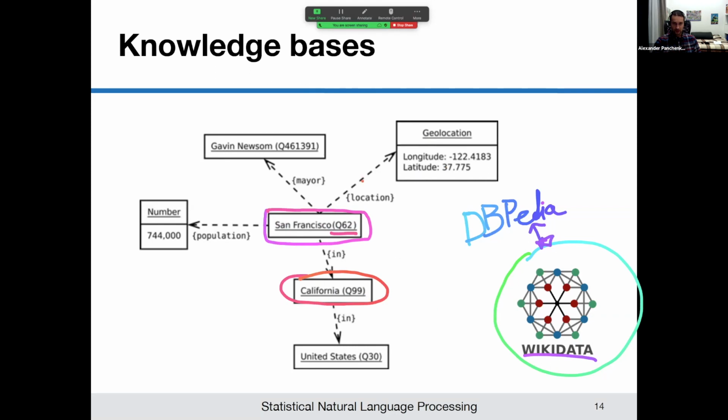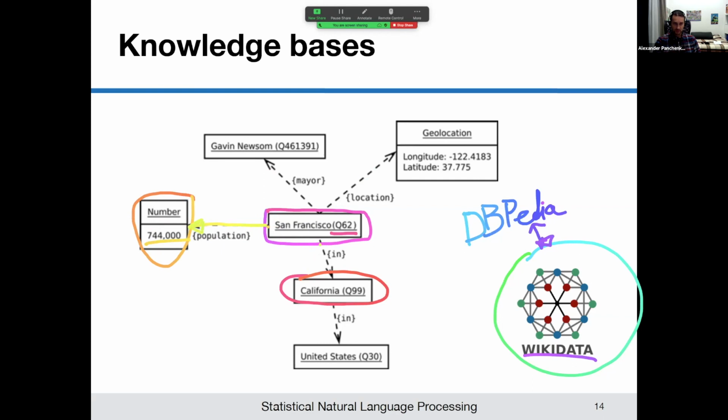And then every such entity is going to have relations with other entities or other values. In this case, the relation is just to a number, so it's not really an entity, and of type population.